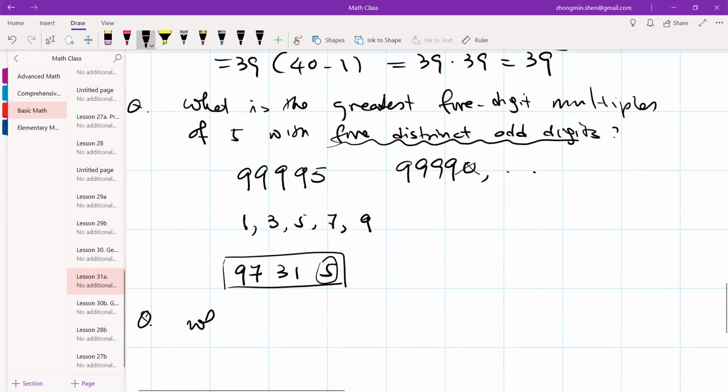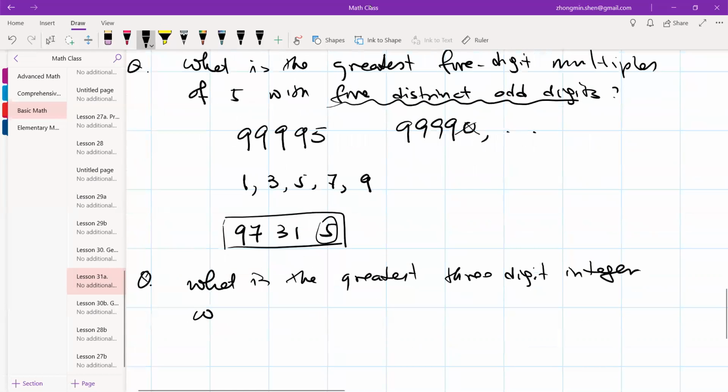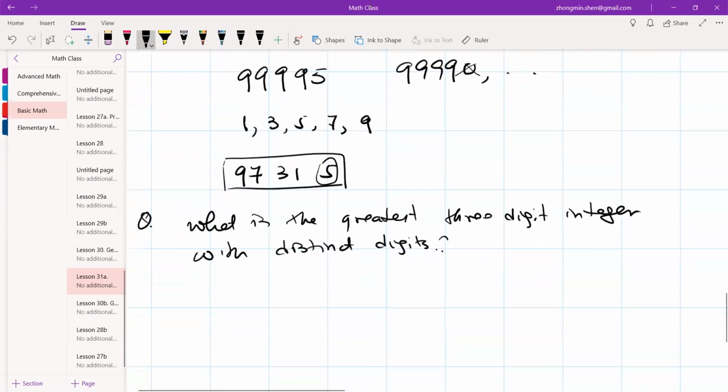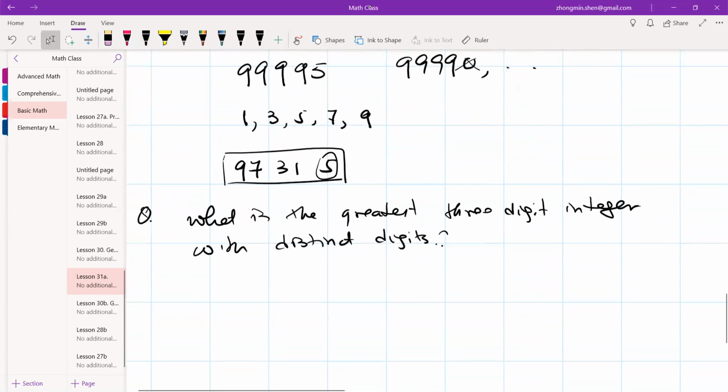similar problem is: what is the greatest 3-digit integer with distinct digits, just distinct digits? You have to begin with 999, which is not valid. Then the next one, 998 is not, so 997.